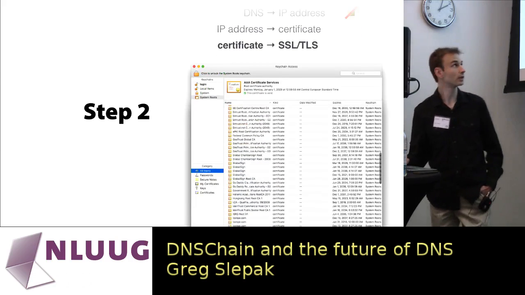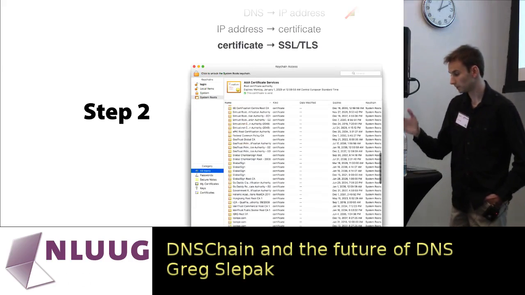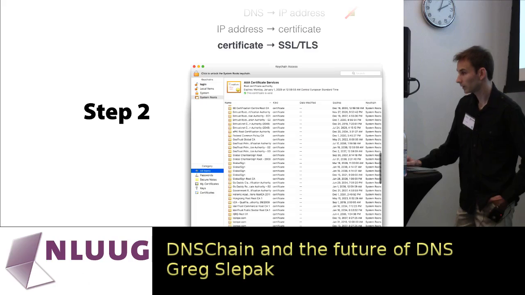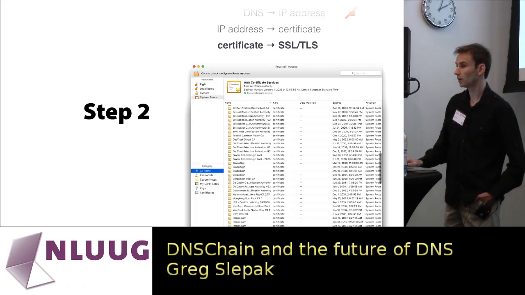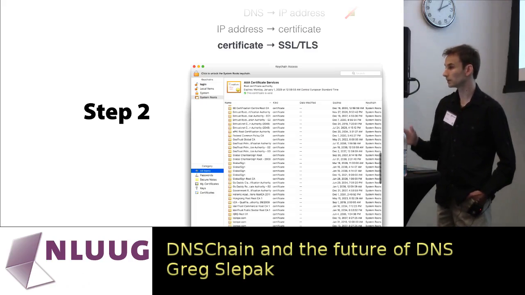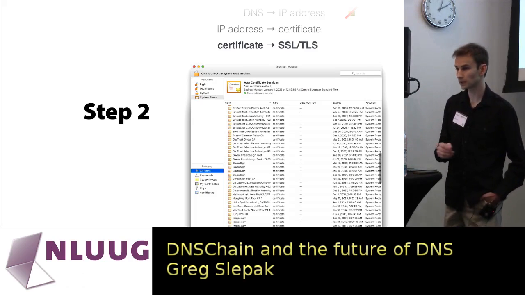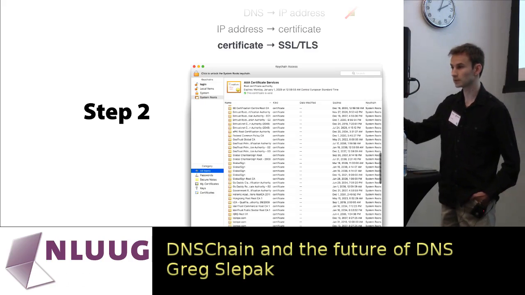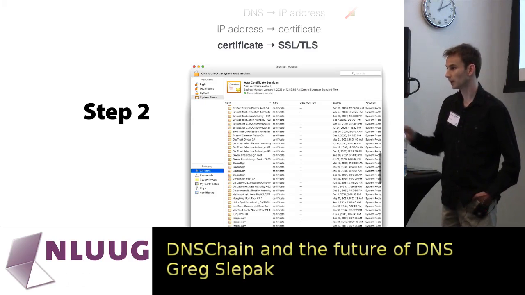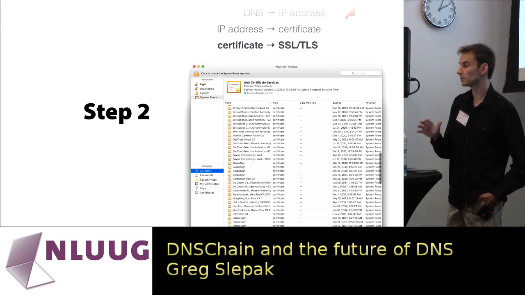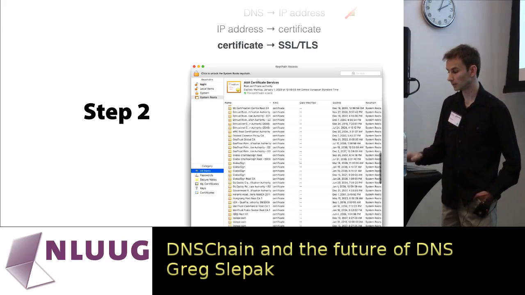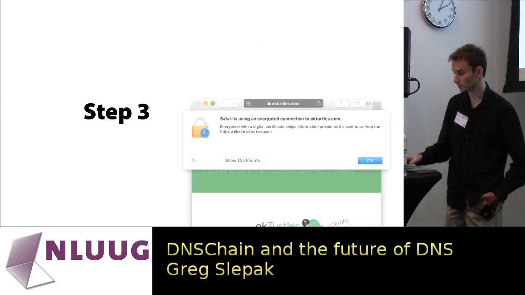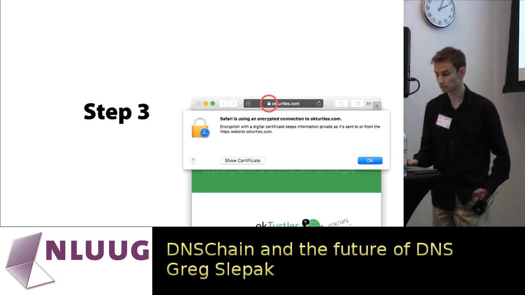So this is a screenshot from my computer. There are, on this Mac, over 160 root certificate authorities installed that Safari checks, and every one of those has the power to designate others known as intermediate certificate authorities. And each one of these has the power to make this lock icon appear on your web browser.